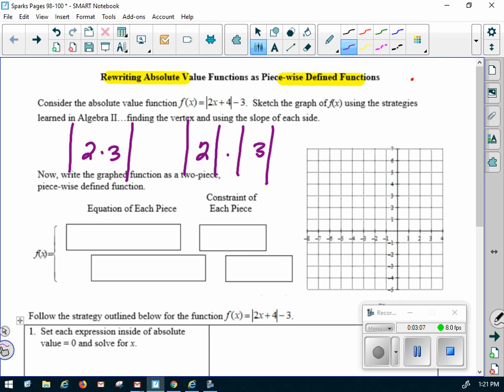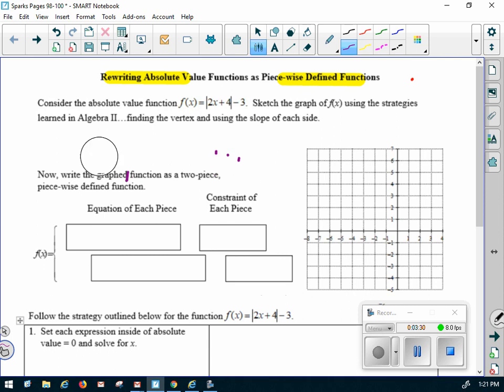You shouldn't have to guess. It is. They're the same thing. What if I made the 2 negative? Negative 6. The absolute value of negative 6 is 6. 2 times 3 is 6. If I make them both negative, are they the same thing? They're still the same thing.